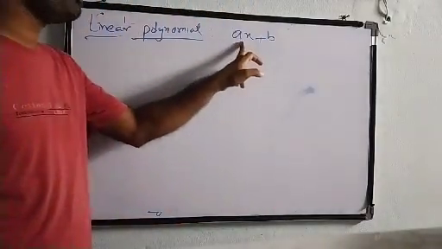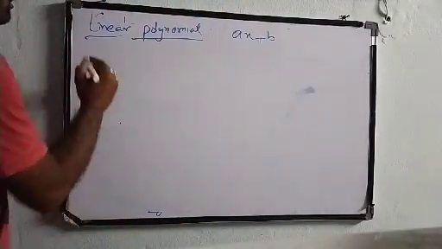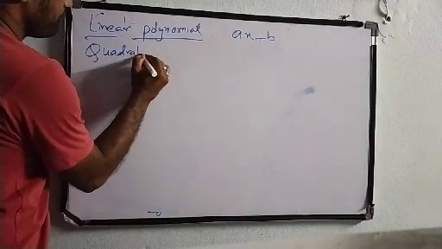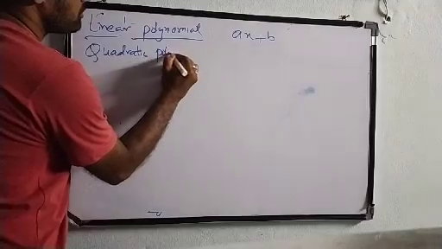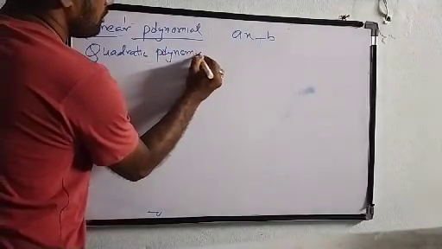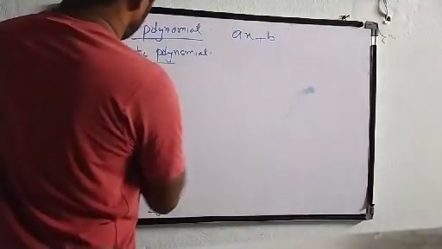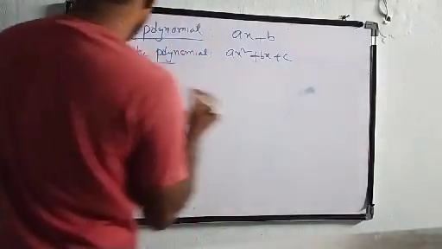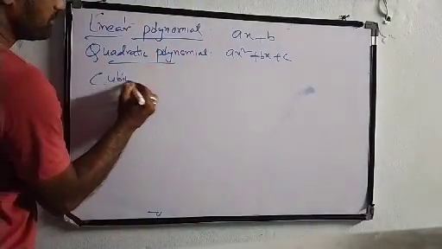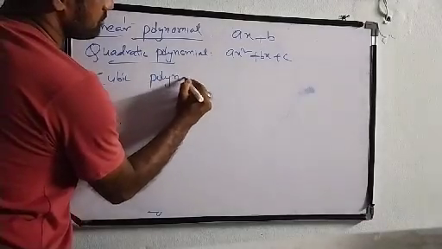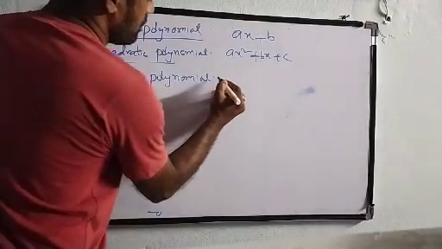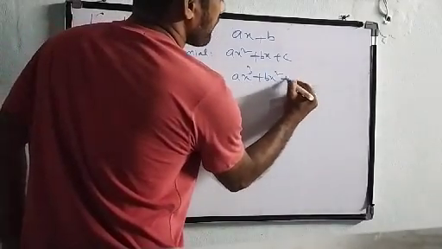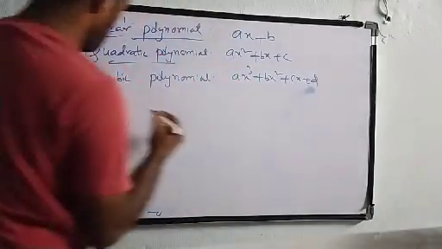The second one is quadratic polynomial. The standard form of the quadratic polynomial is ax square plus bx plus c. Next, cubic polynomial. The standard form of the cubic polynomial is ax cube plus bx square plus cx plus d.